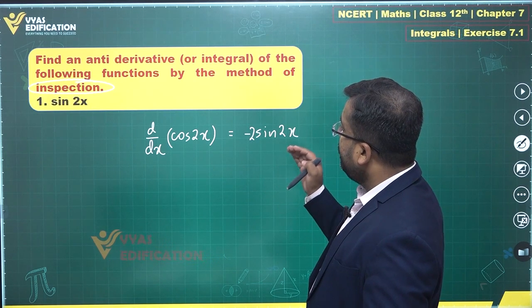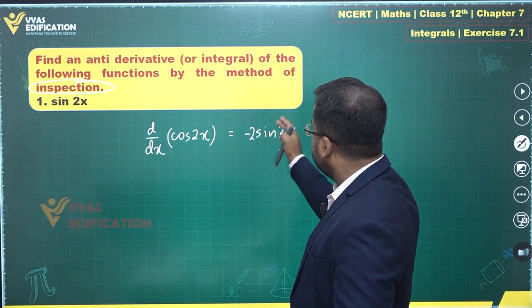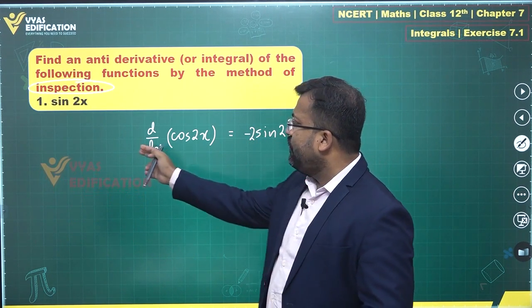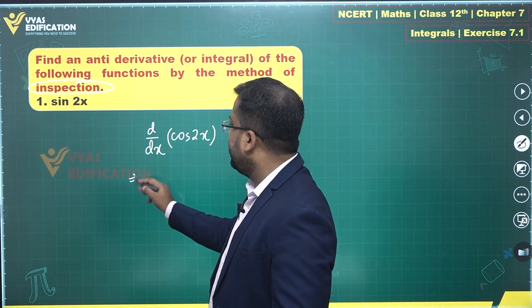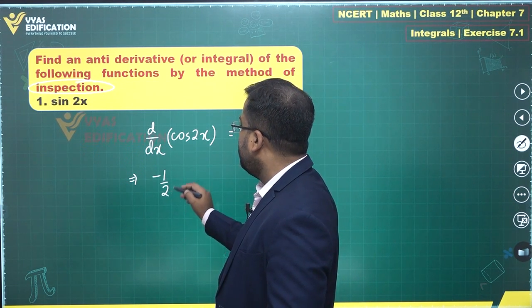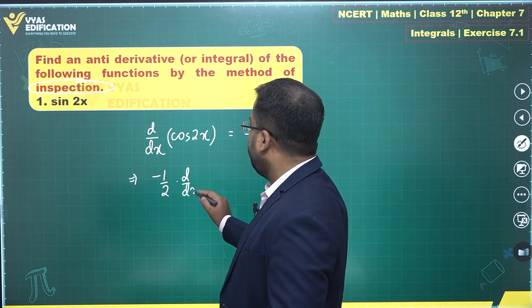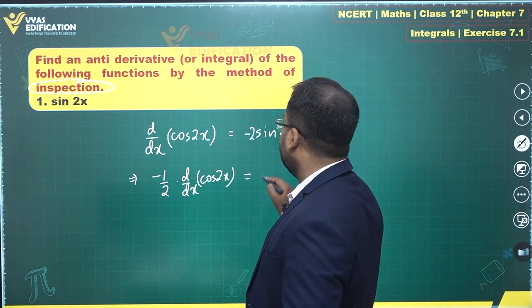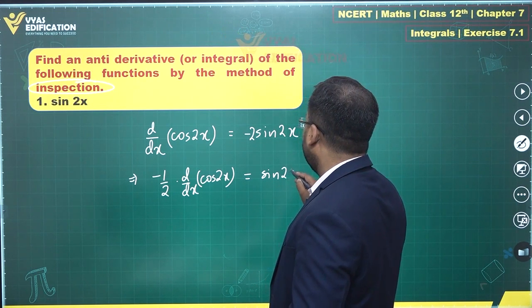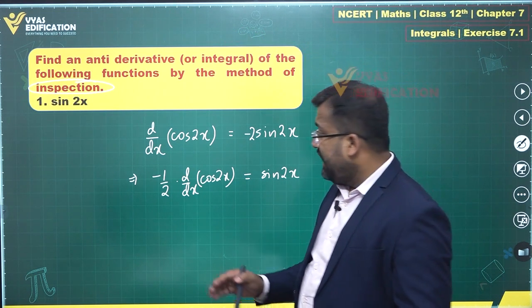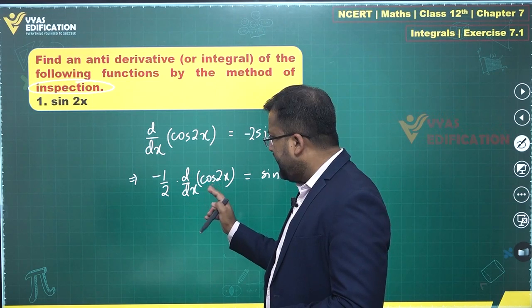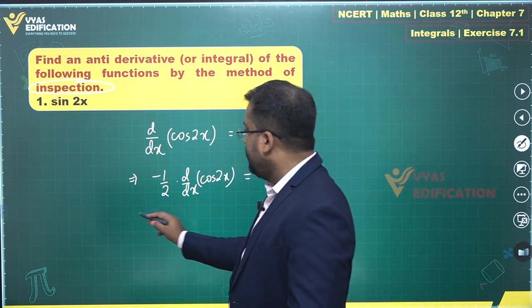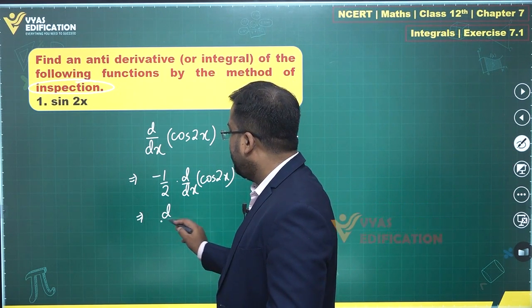And if you want to find the integral of this, can we take this minus 2 over here? Yes. What we get is minus 1 by 2 d by dx of cos 2x is equal to sin 2x. And this minus half can go inside the derivative without affecting anything, right?